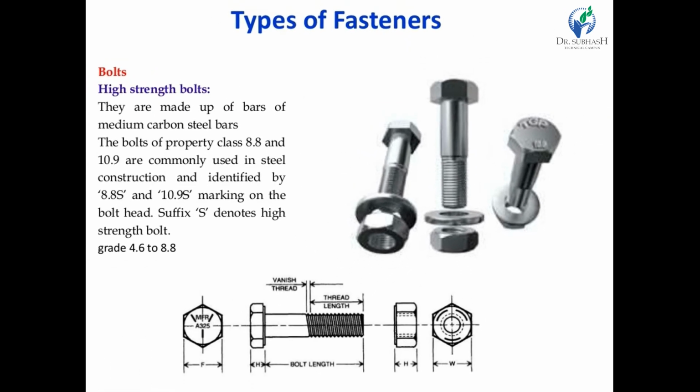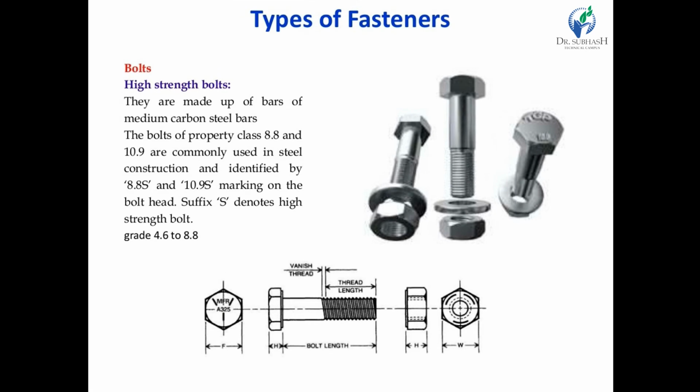Which grades are in high strength bolts? 8.8 to 10.9, which means fu of 800 Newton per mm square to 1000 Newton per mm square.